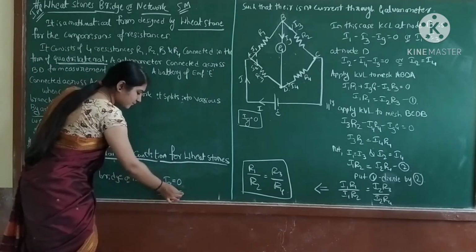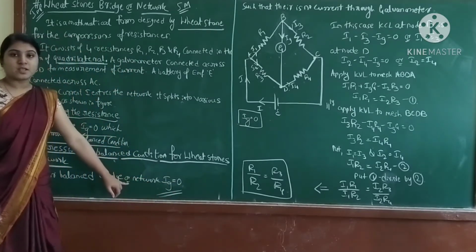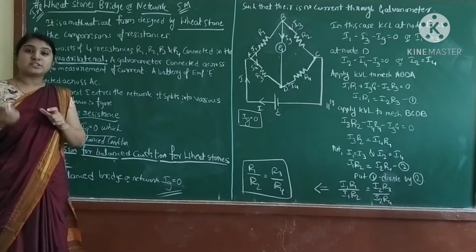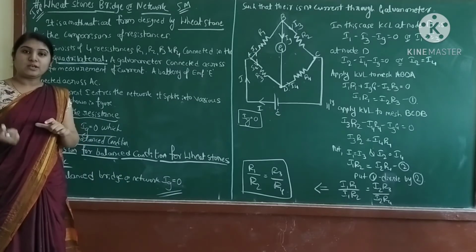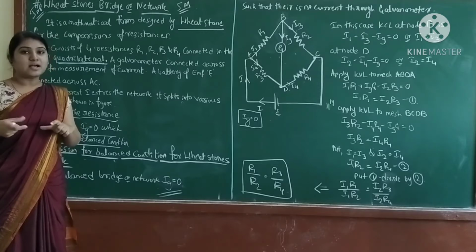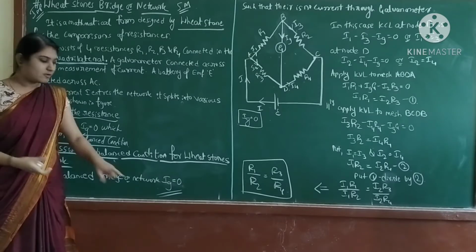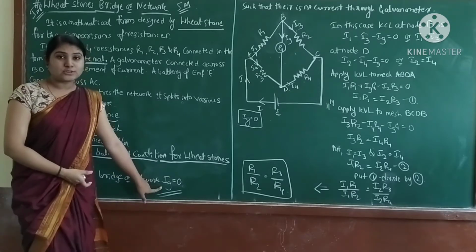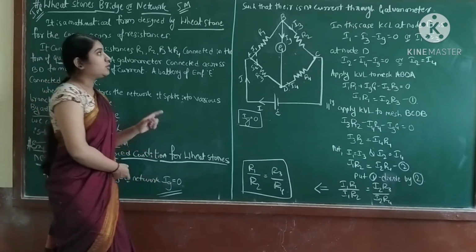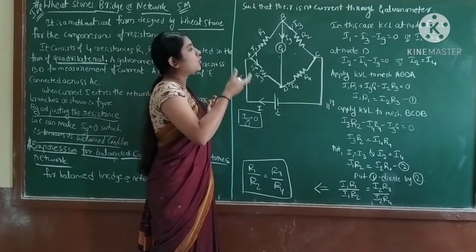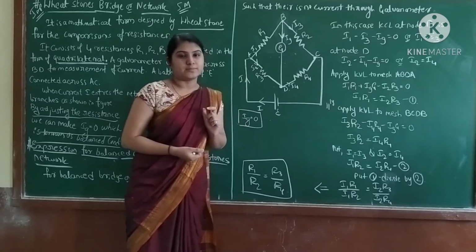What is that? First you have to write this one. In order to determine the expression, or the mathematical equation, you have to start with the balanced condition. IG is equal to 0, such that there is no current through the galvanometer.